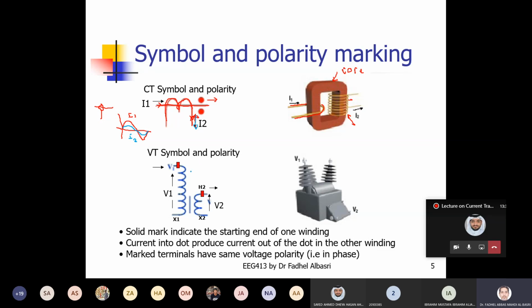Similarly, for a voltage transformer, we can have the voltage transformer symbol like this, the two overlapping circles. Or we can make it as two windings. So the two windings like this one now. This is like a voltage transformer where this is the input from the voltage, and this could go to the neutral.